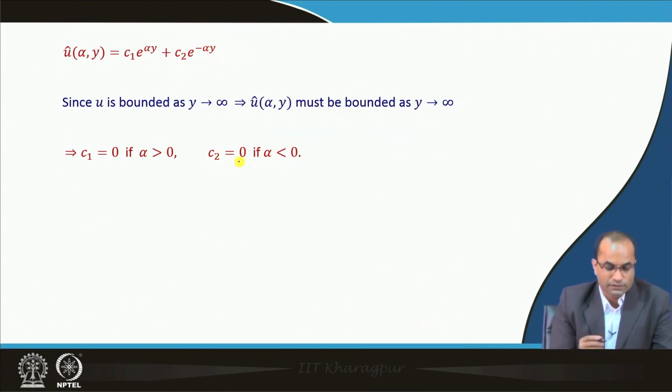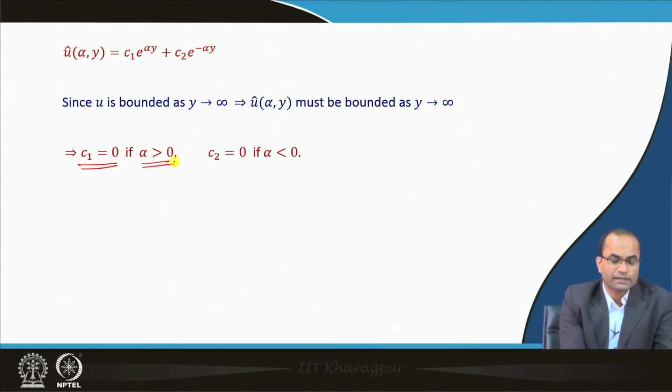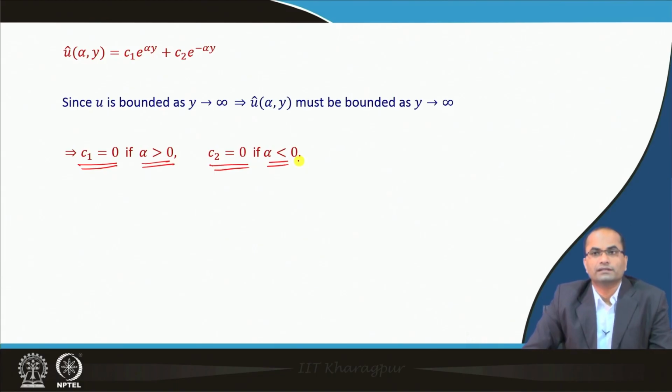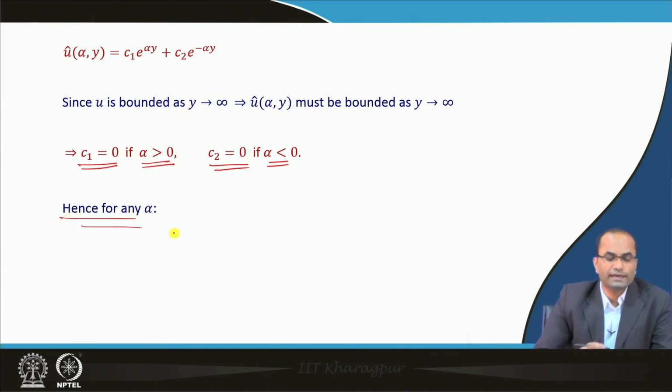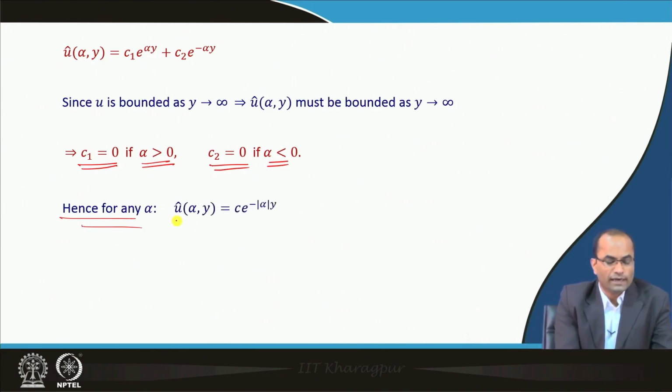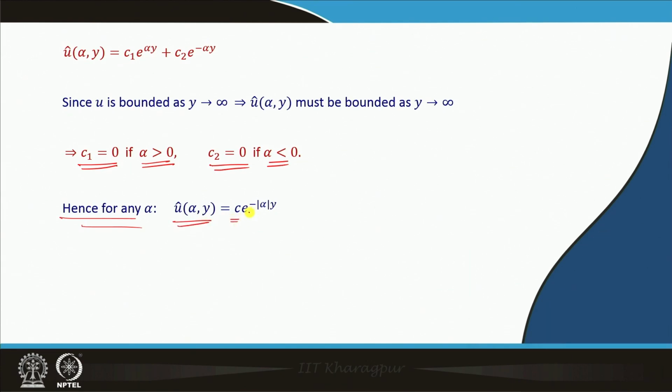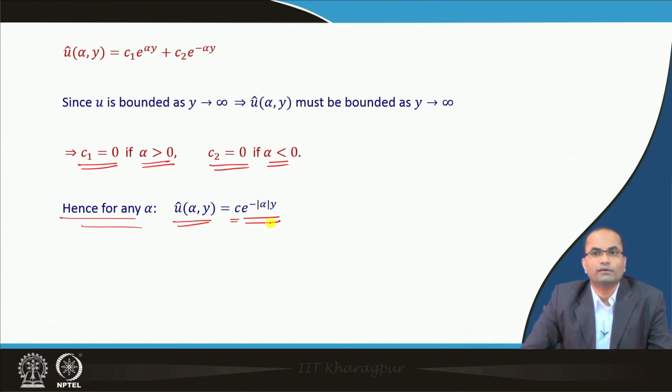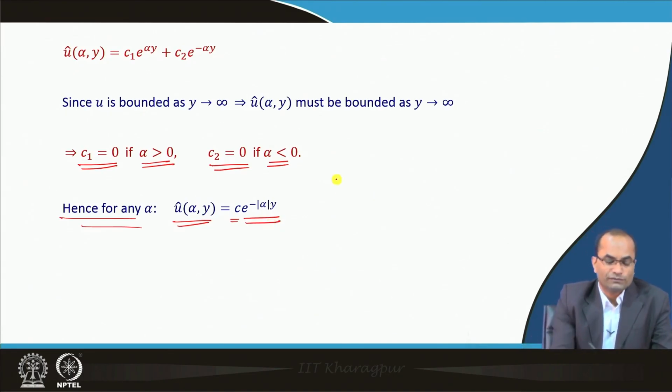So, we have these two conditions: either c1 will be 0 when alpha is positive, or c2 will be 0 when alpha is less than 0. To satisfy both, whatever alpha is, positive or negative, we can write a combined term. So, u hat(alpha, y) will be some constant c times e power minus absolute value of alpha times y. If alpha is positive, the absolute value of alpha is just alpha, so this becomes c e power minus alpha y.